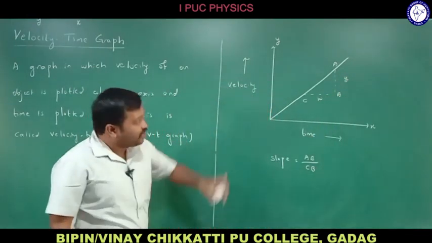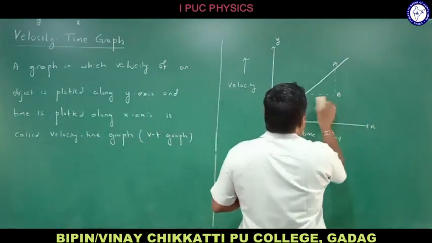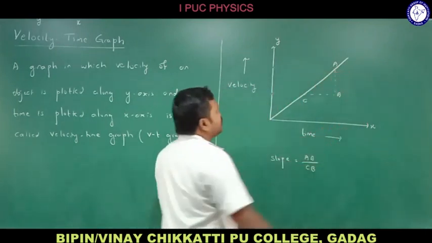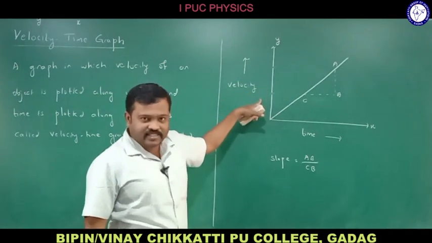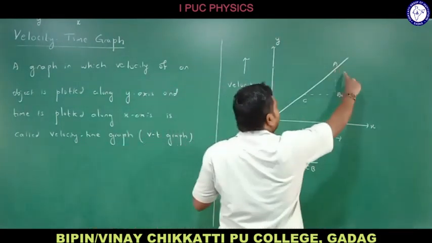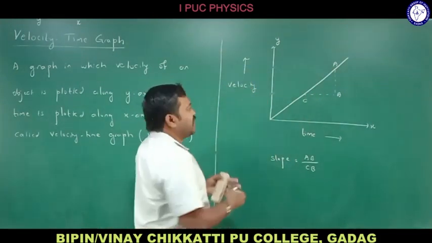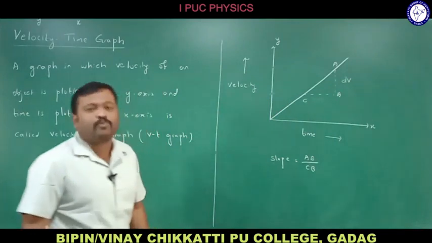Okay, now in this graph, what is y? This y is nothing but this much. What is this? Change in velocity. AB represents in this graph the change in velocity. Let me write it as dv, small change in velocity.